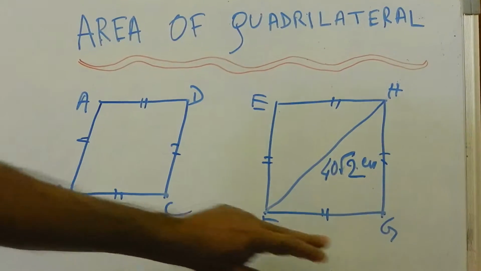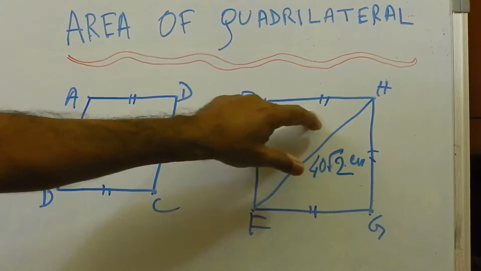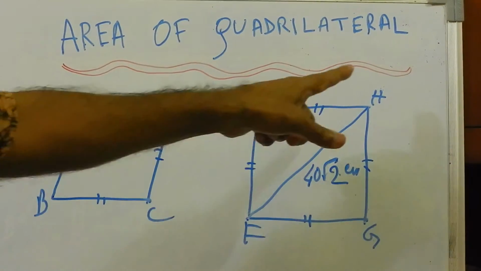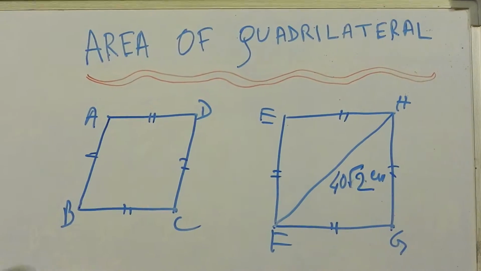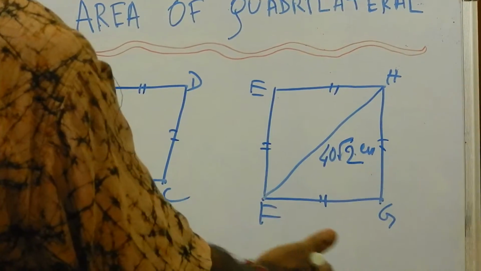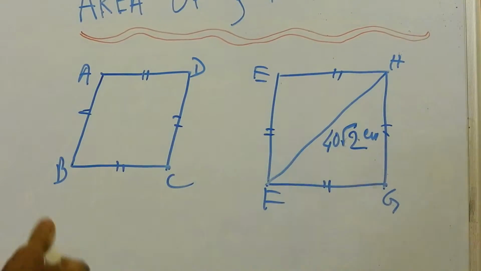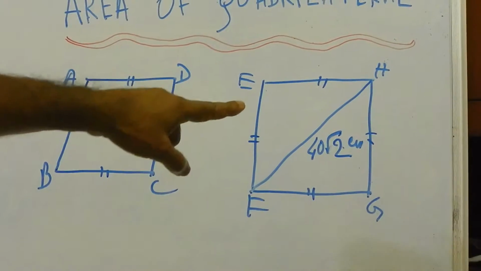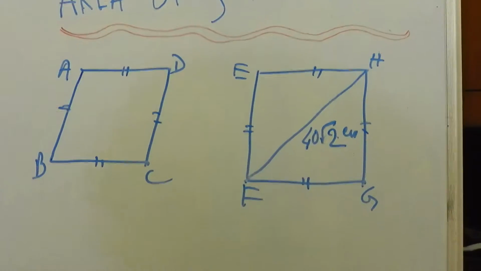Here is a rhombus and a square. The similarity between them is that the side length of both of them is equal. And the second clue is the length of the diagonal of the square, here it is FH, you may draw it as EG, whatever. One diagonal is enough here, it is 40 root 2 centimeter. And another clue is there.